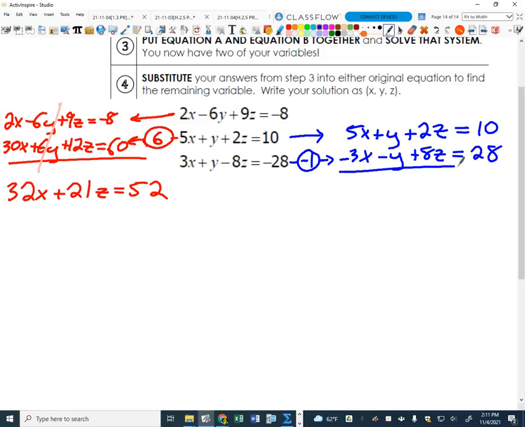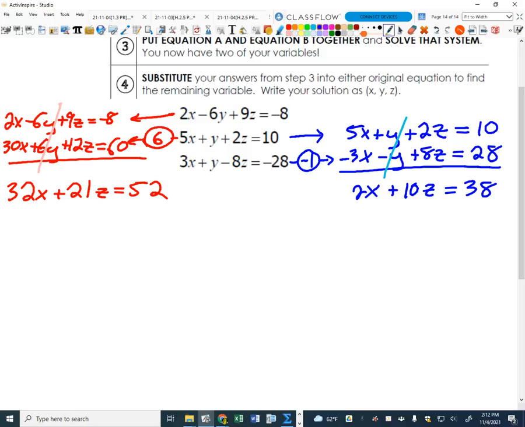Add those up, and again, the y's cancel. So I'm going to get 2x plus 10z equals 38. Good?